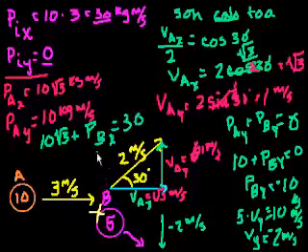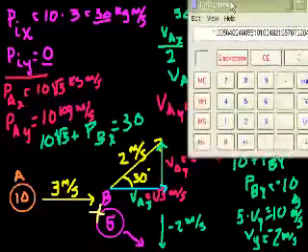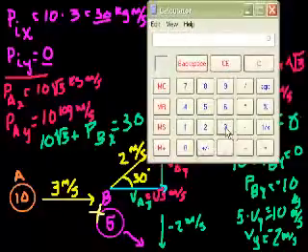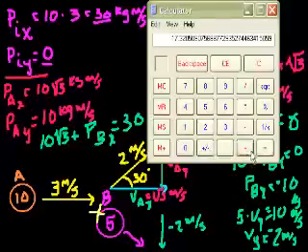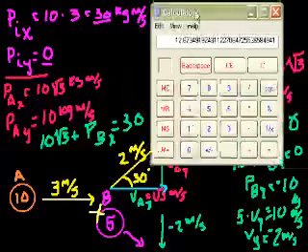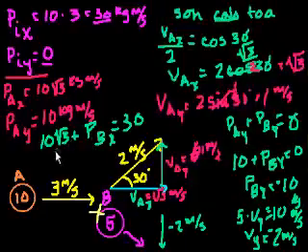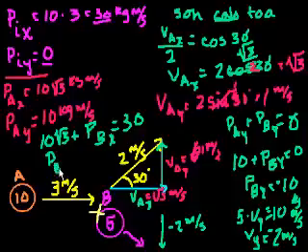So to figure out the momentum of B in the x direction, we just subtract 10 square roots of 3 from 30, and let's do that. So 3 square root times 10 equals, and then subtract that from 30, and we get 12.7.